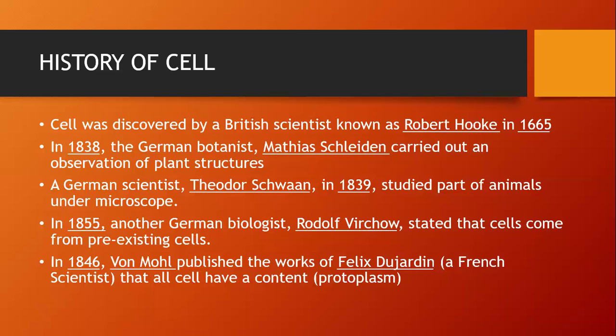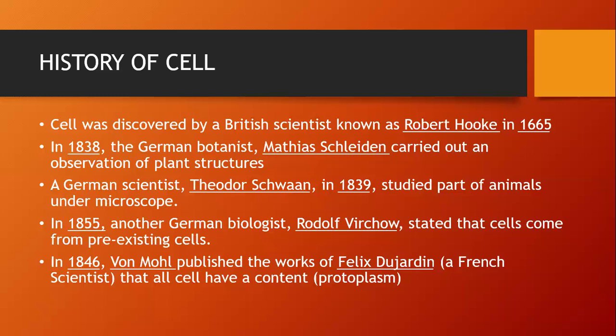Okay, so moving on, we move on to another German scientist who is known as Theodor Schwann in 1839. He's actually a physiologist. He was the one that did a study on animal cells under a microscope. Okay.